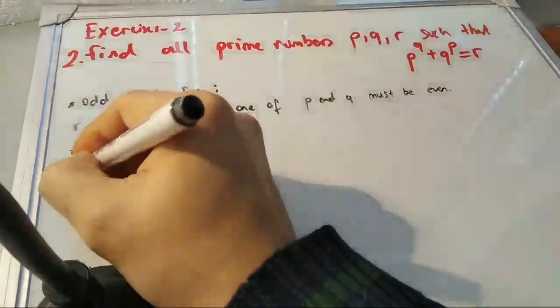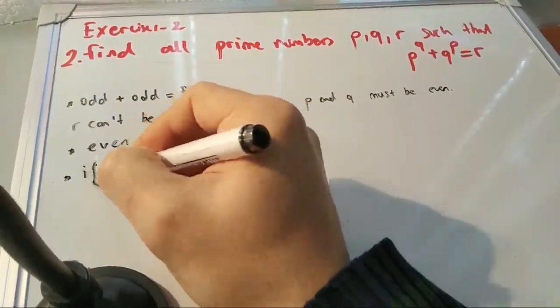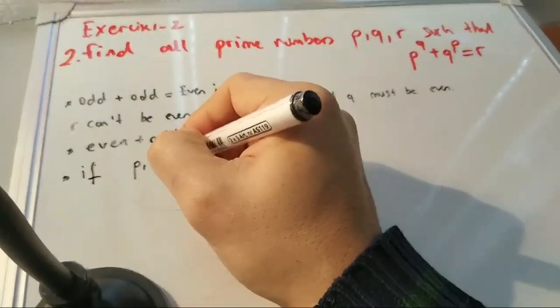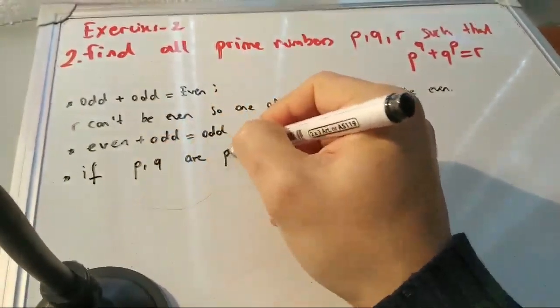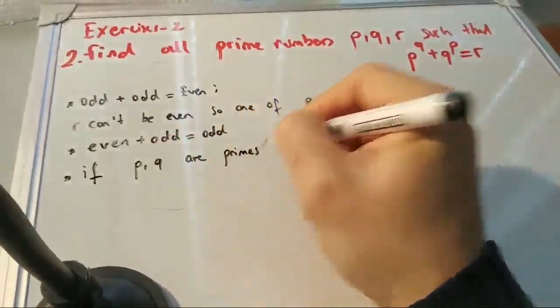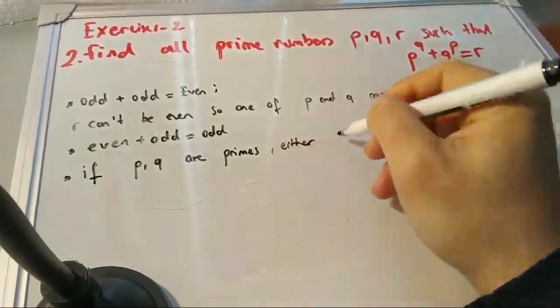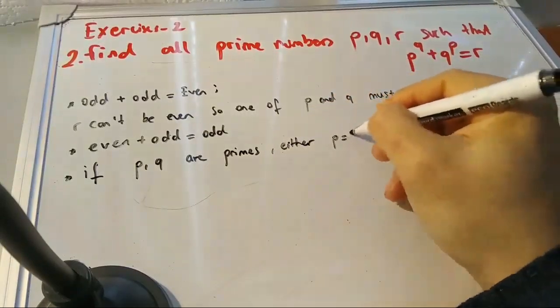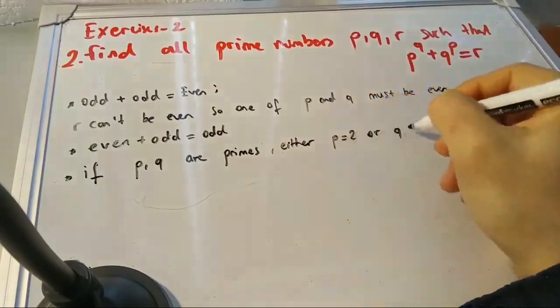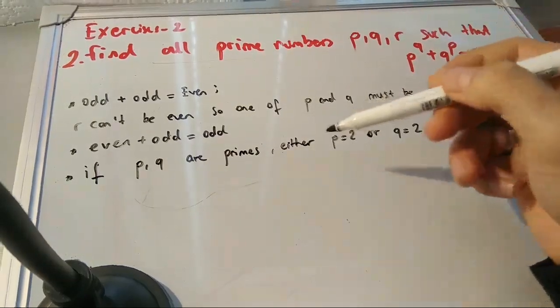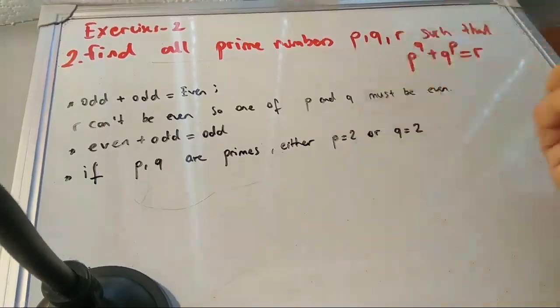If p and q are primes, either p is equal to 2 or q is equal to 2, because 2 to the power of any number is even, right?